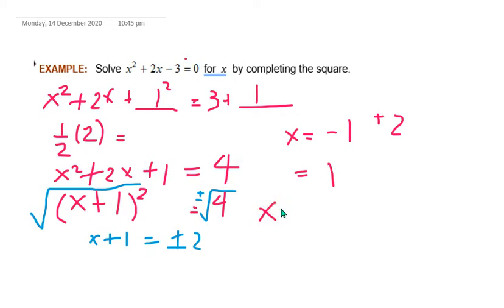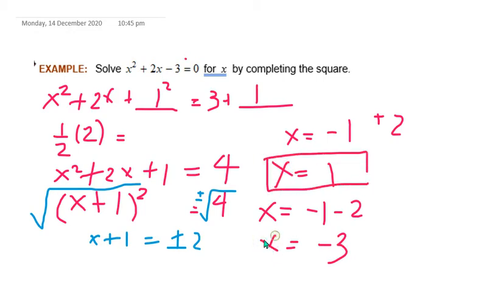And the other root is -1 minus 2 is equal to -3. Therefore, these are the roots of this quadratic equation: 1 and -3. This is now the roots of the quadratic equation x squared plus 2x minus 3 is equal to 0.